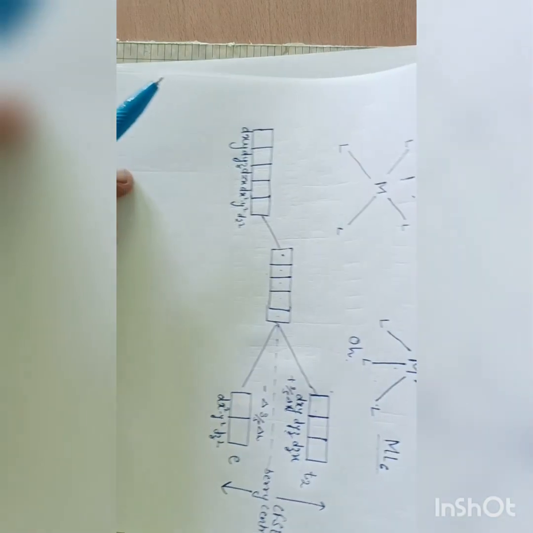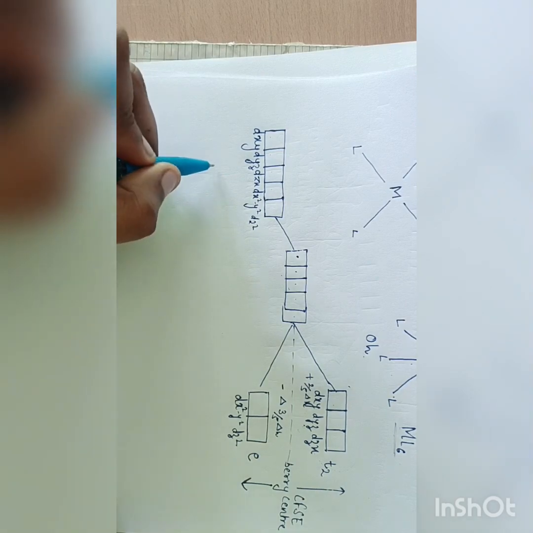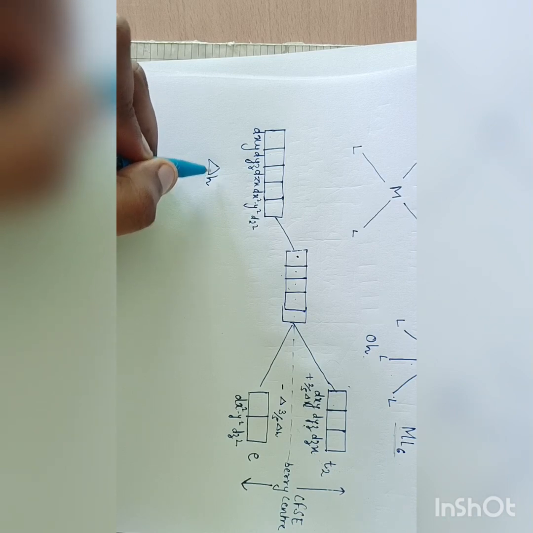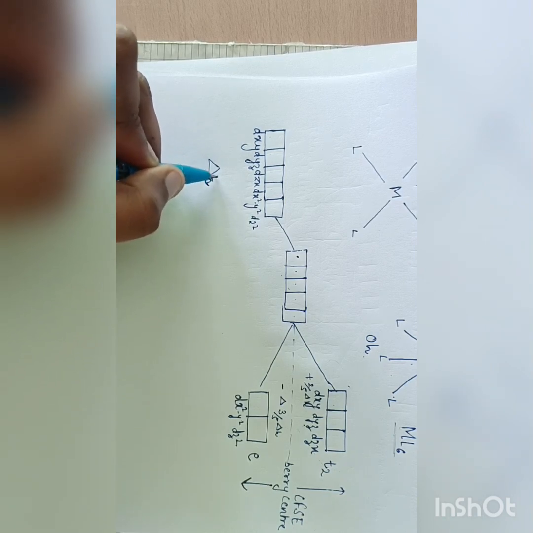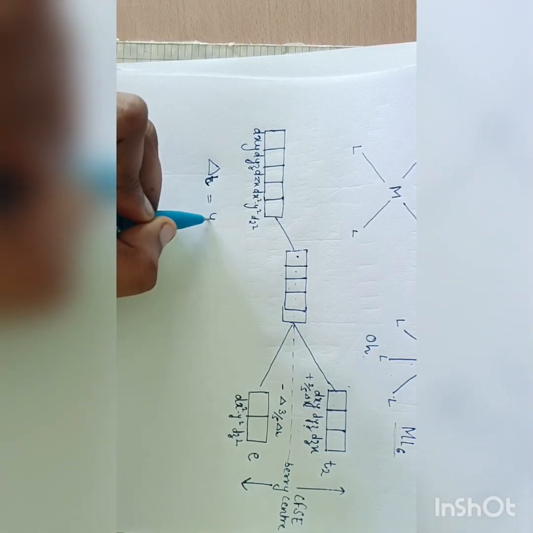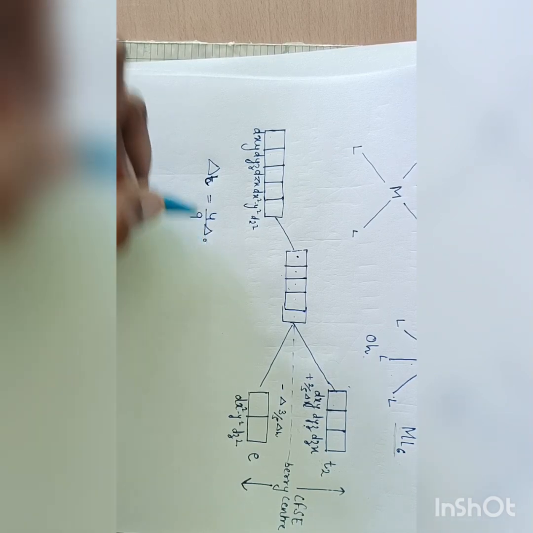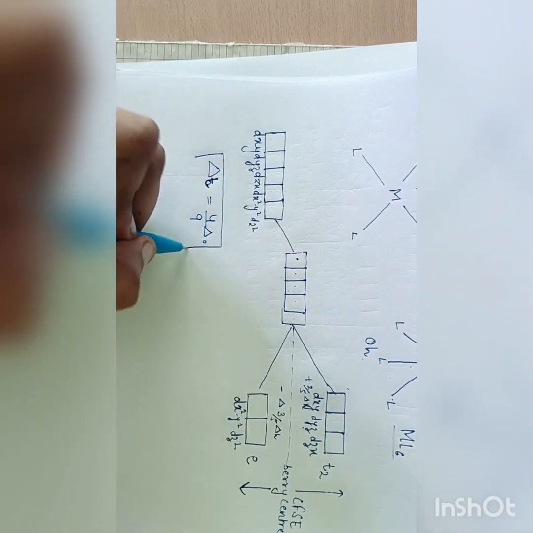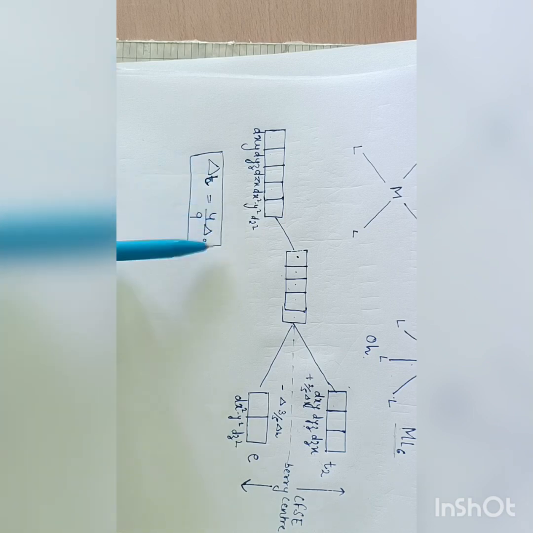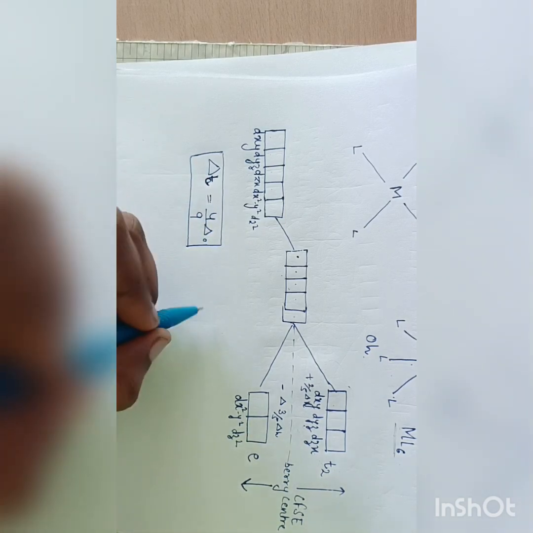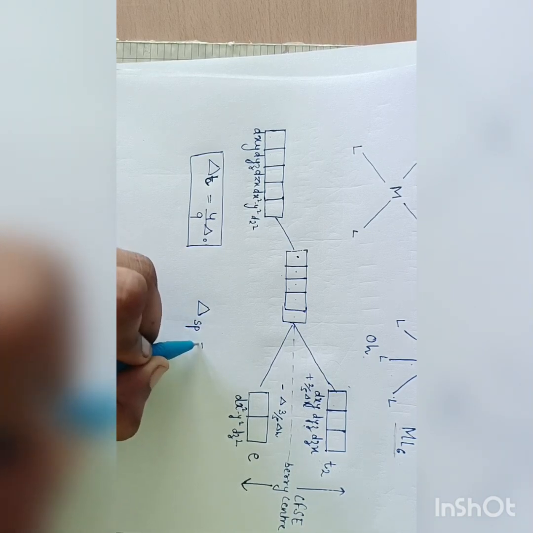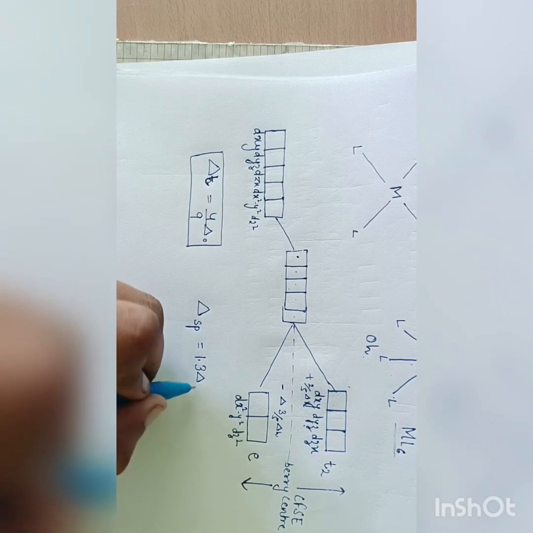If we see the relation between the tetrahedral complexes, delta t, and octahedral complexes, this will be 4 upon 9 delta naught. This is the relation between the tetrahedral and the octahedral energies. And for square planar, delta SP, the square planar shape, this will be 1.3 delta naught.